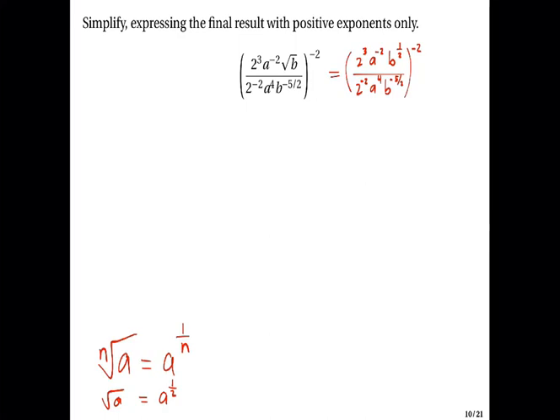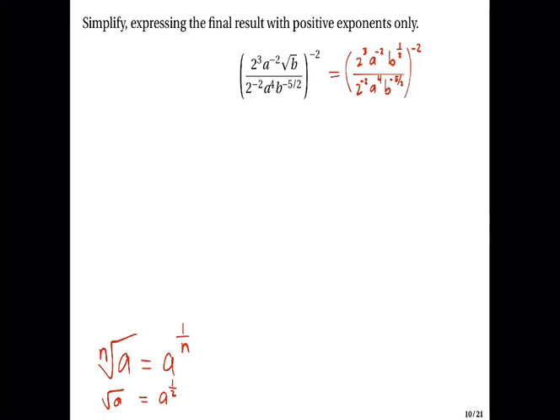In the denominator, you have 2 raised to negative 2. So check which exponent is lower, and then put that expression with the lower exponent to the other side of the middle line here.